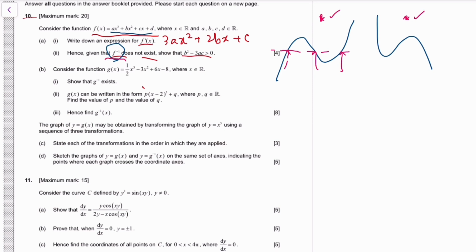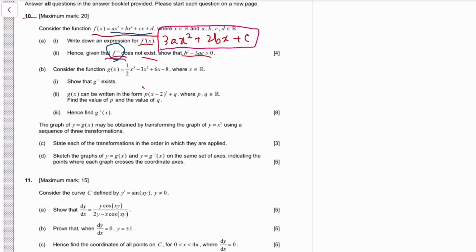Then the derivative needs to be sometimes positive and sometimes negative, because when it's positive the function is increasing, and when it's negative the function is decreasing.